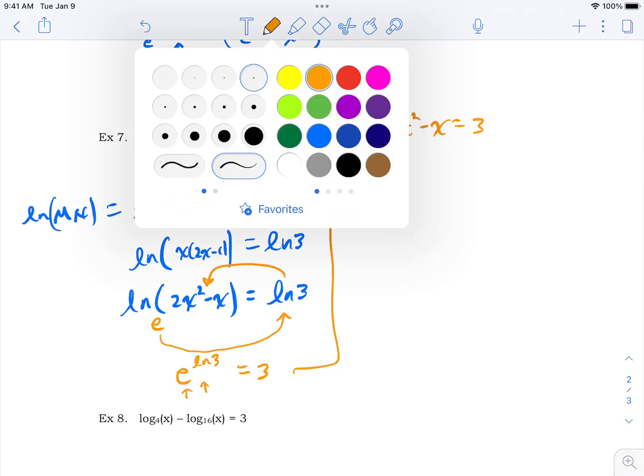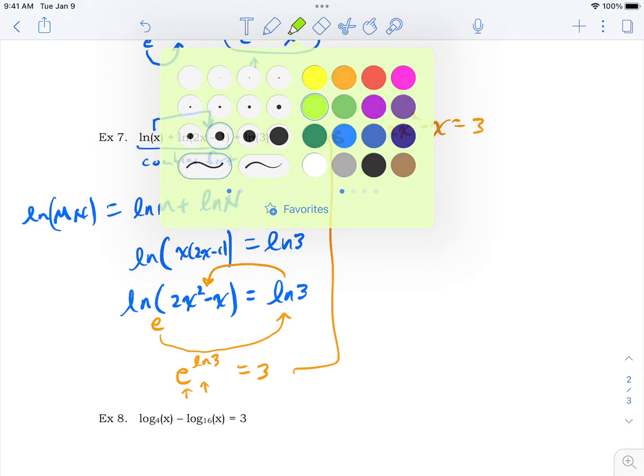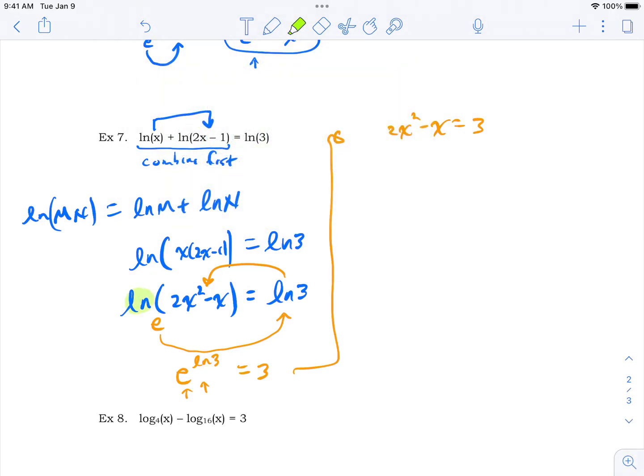I'd invite you to bypass that and say, well, if this is a natural log and this is a natural log, then this has to equal this. In other words, if I'm plugging this into a natural log and I'm plugging this into a natural log and I get the same answer, then it must be the same thing that I plugged in.